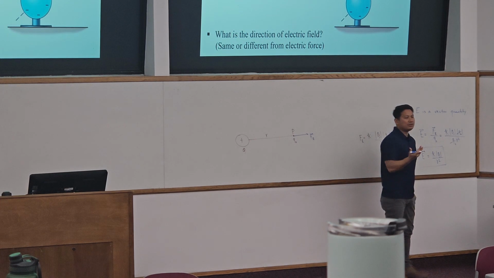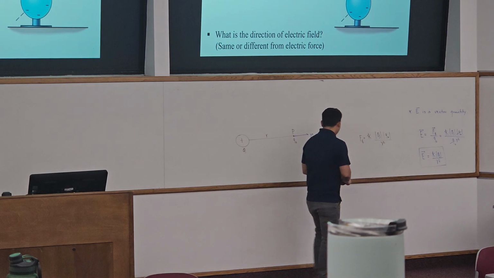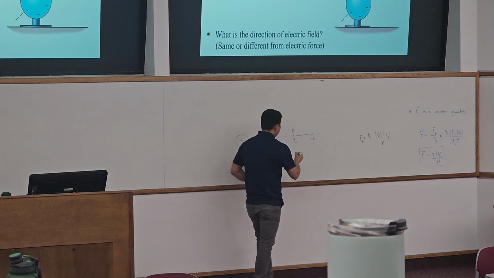Q0 is a charge, it's a scalar. Charge is a scalar, it doesn't have any direction. You have two vectors over here, the force and the field. Since one is a vector, the other should be a vector too, and you have a positive sign over here. That means both vectors point in the same direction.